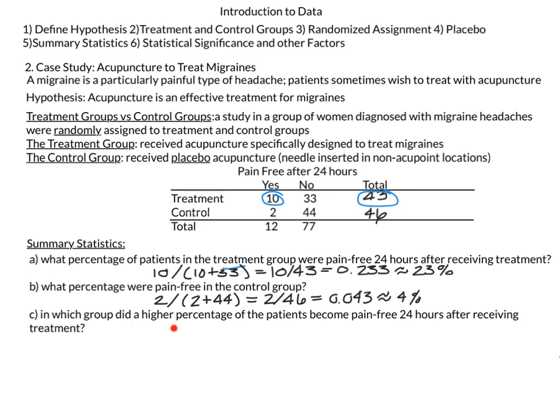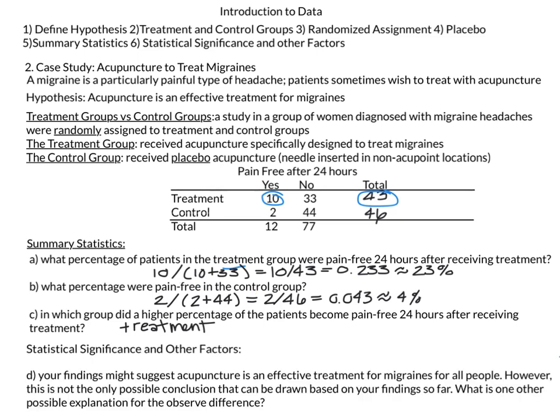In which group did a higher percentage of the patients become pain-free 24 hours after receiving treatment? So that looks like it's the treatment group, because 23% were pain-free as opposed to only 4% in the control group.